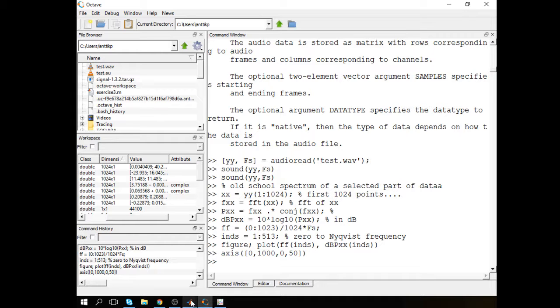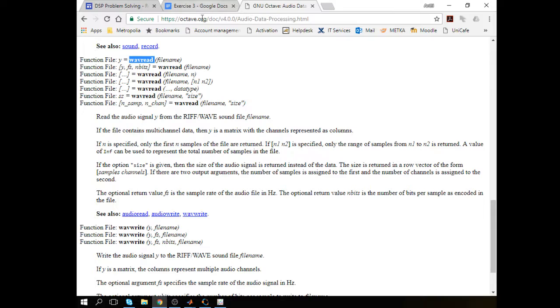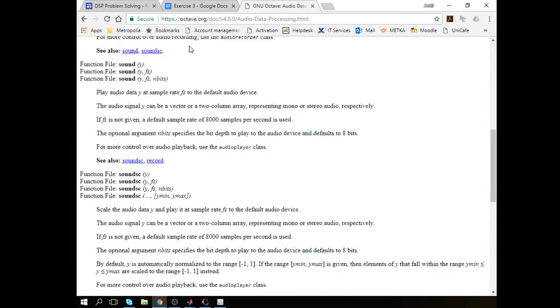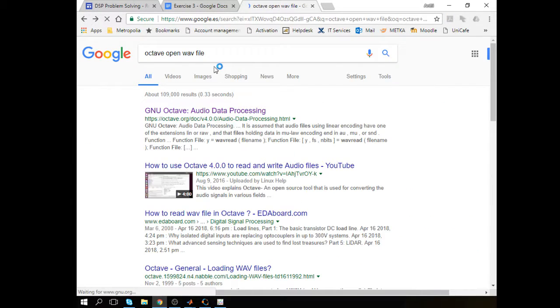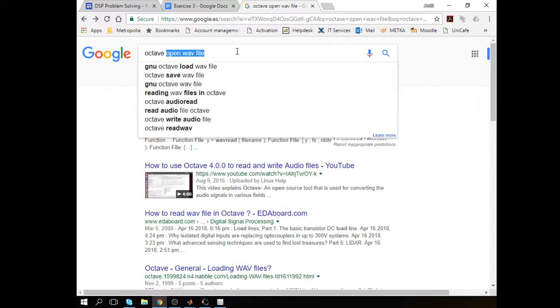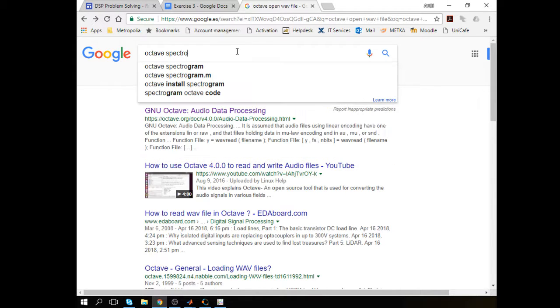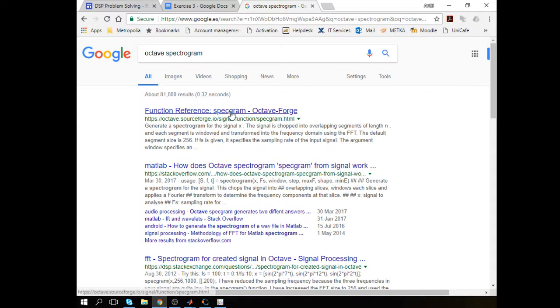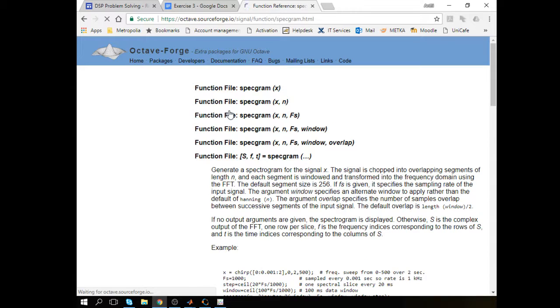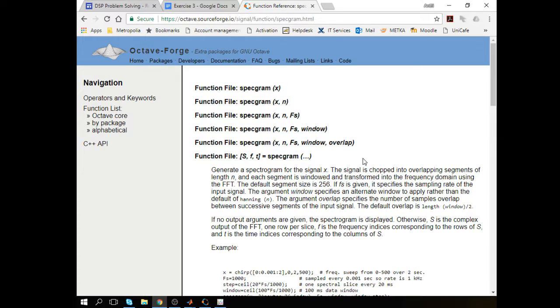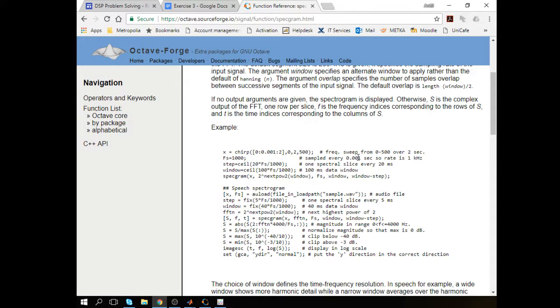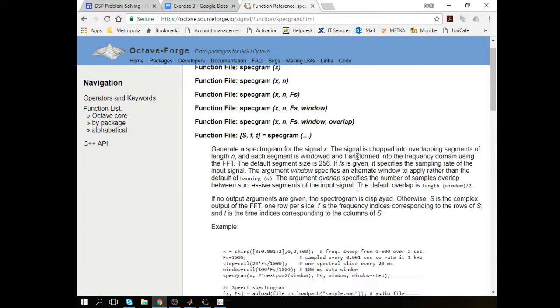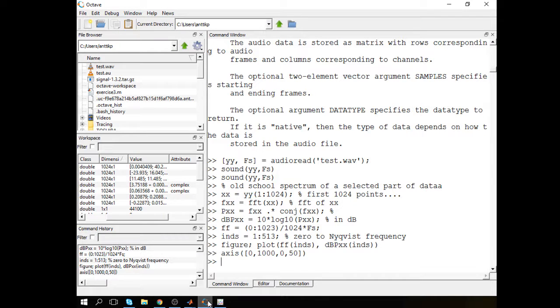And now you have something different than I do. You have spectrogram, but I think I have the old-fashioned one. They are somewhat the same, but not exactly. We'll see.